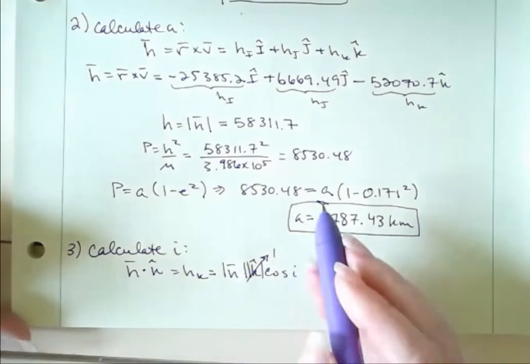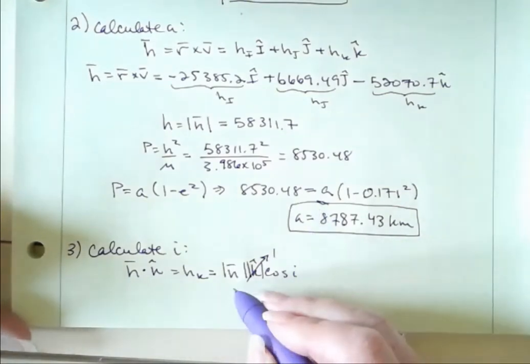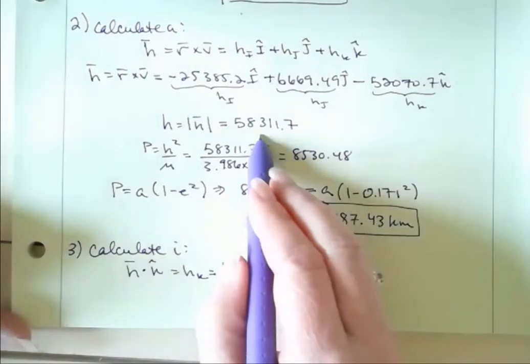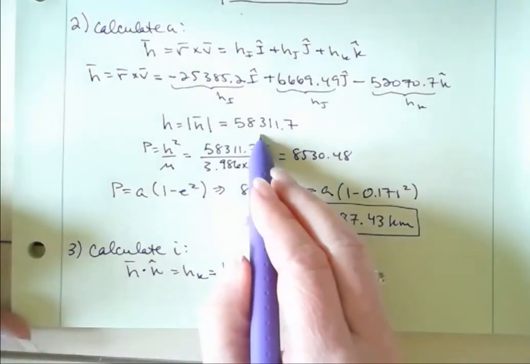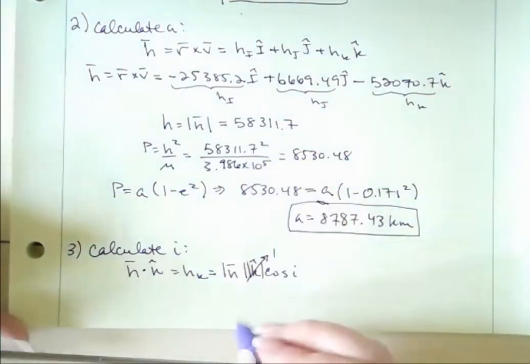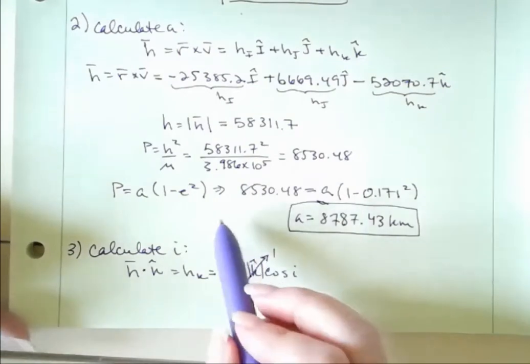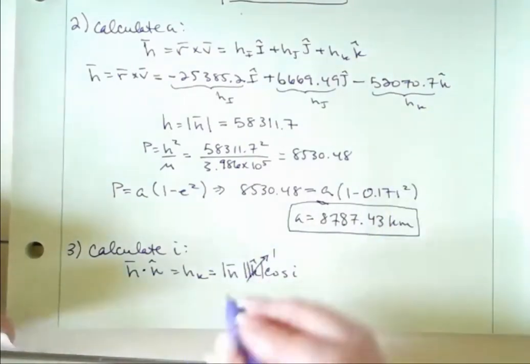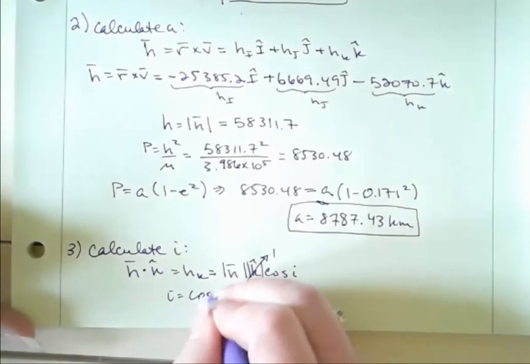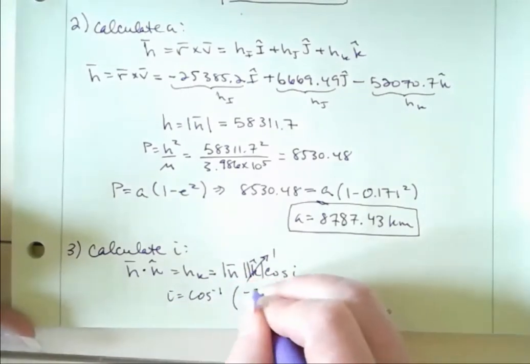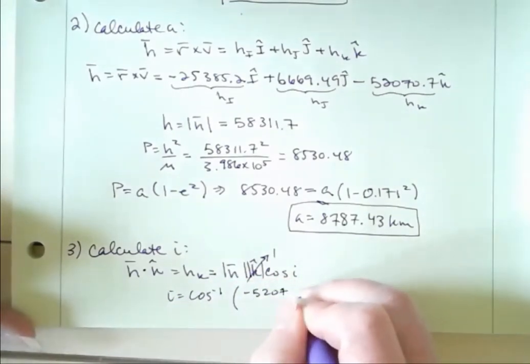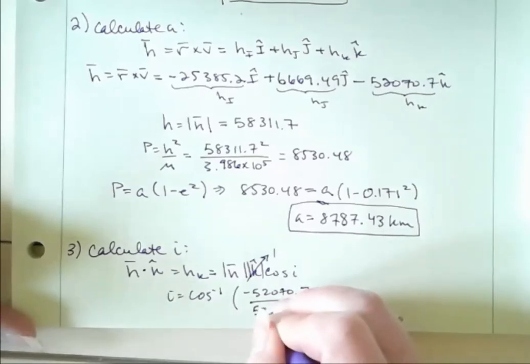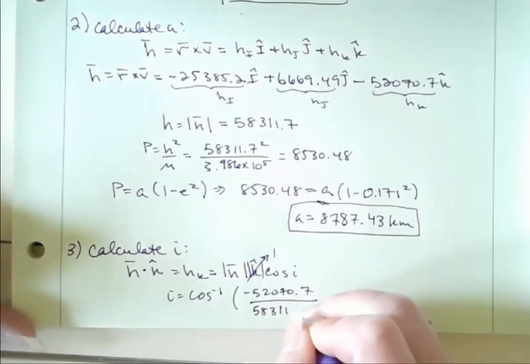We already found h in the problem above, so you don't have to do that again. We need the magnitude of h, the 58,311 number, and H_K, which was right here. So i is going to be the arc cosine of negative 52,070.7 over 58,311.7.